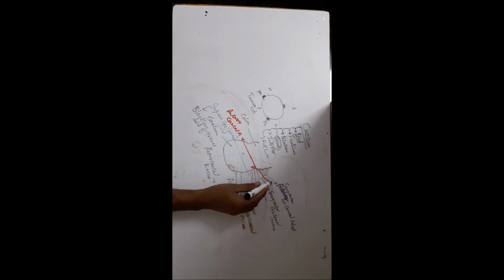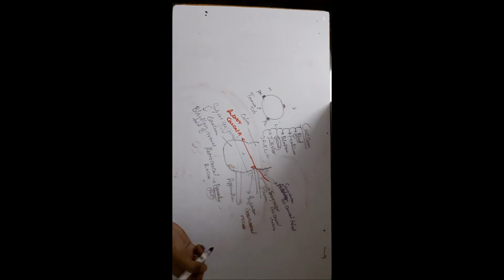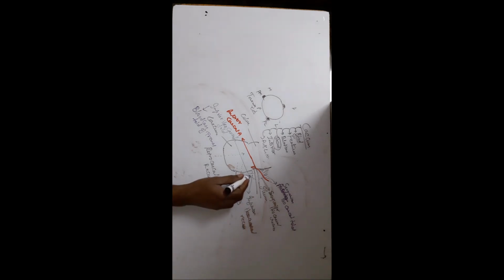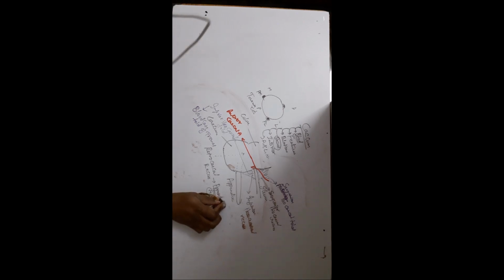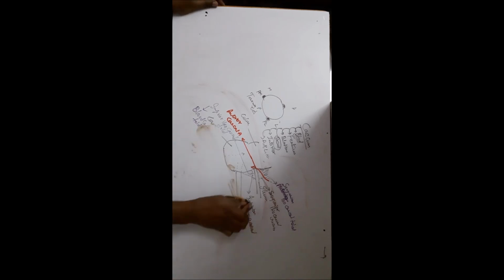In that we have a vessel that is anterior cecal artery. In the same way, below this inferior ileocecal recess, we have a fold of peritoneum, that is inferior ileocecal fold. Otherwise you are calling it a bloodless fold of Treves.